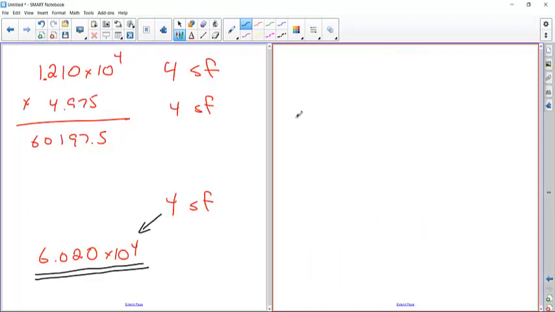Okay, now let's do division. So division is the same kind of thing. If you had 3.45 divided by 7.2, you plug that in your calculator. You get a whole bunch of numbers here: 0.4791666666.